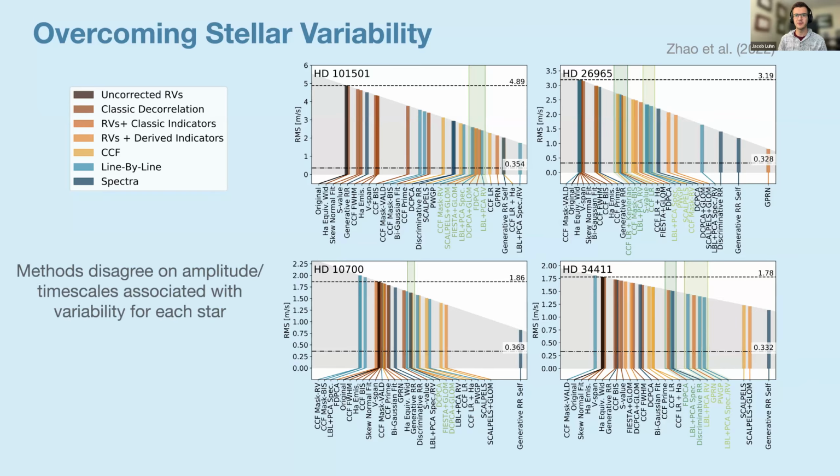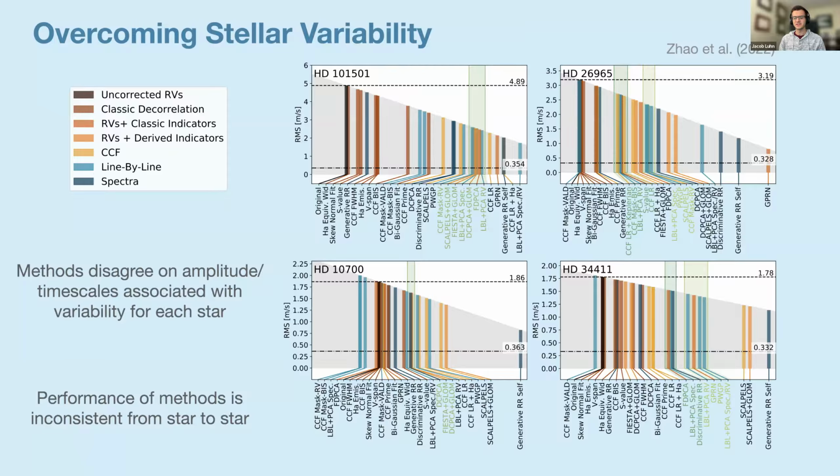And kind of the takeaway points are that for any given star, the methods widely disagree on the amplitude and also the timescales that they attributed to stellar variability. And then from star to star, the performance of these methods wasn't consistent. So there was no one best performing method that worked for all of these targets. And so this is pointing to this need to really understand how these methods perform for different types of stars and for different sources of variability.